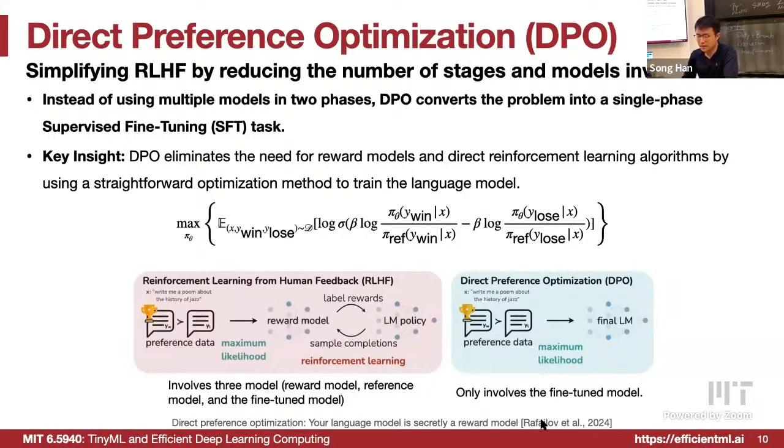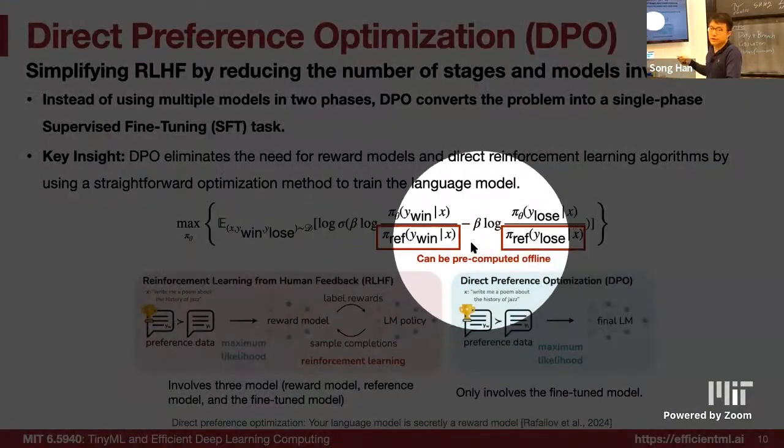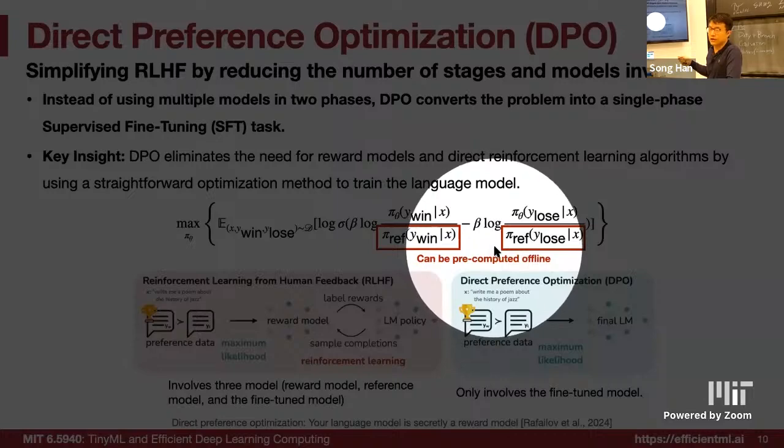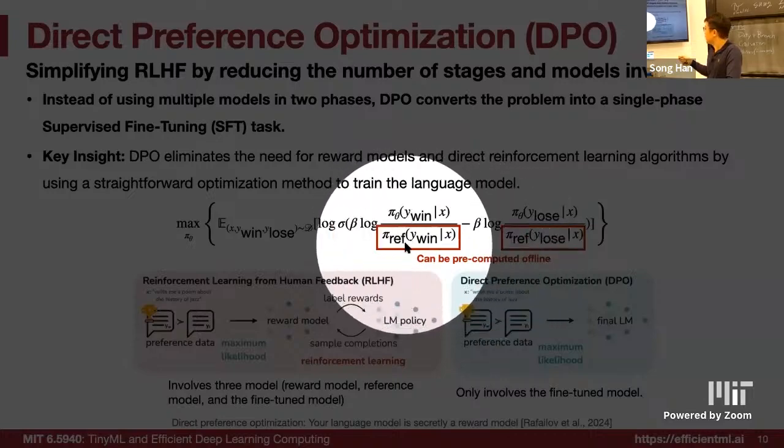So let's see the equation and how we are doing that. This is the loss term. We are using the simple loss during the SFT phase. During the SFT phase, we have a pre-computed reference model. Given the X, the output was pre-computed.